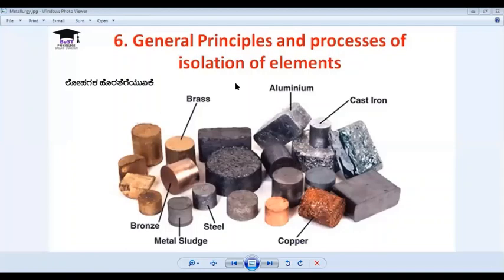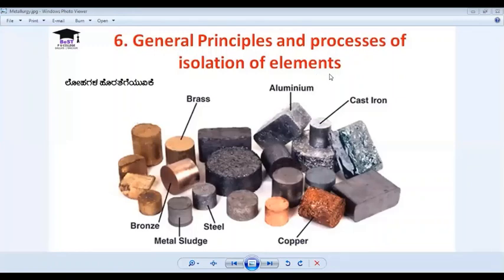In our previous classes, we have been learning about the general principles and processes of isolation of elements, which deals with metallurgy. We had seen what metallurgy is, what an ore is, mineral ore, the differences between minerals and ores, and the different types of ores.